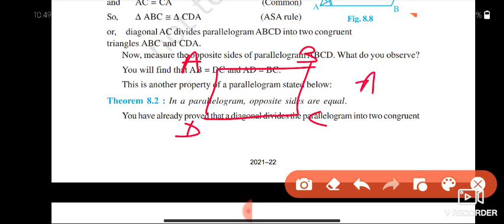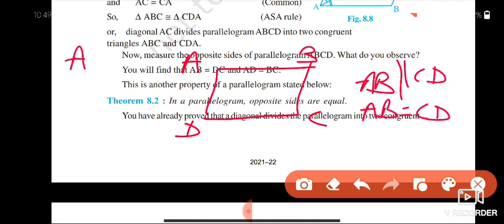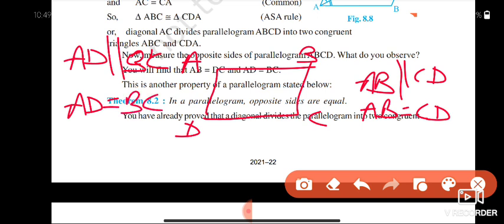So AB will be parallel to CD and AB will be equal to CD. Then side AD will be parallel to BC, and AD will be equal to BC. This way, if sides are parallel, then they are equal also in a parallelogram. That means in a parallelogram opposite sides are equal.